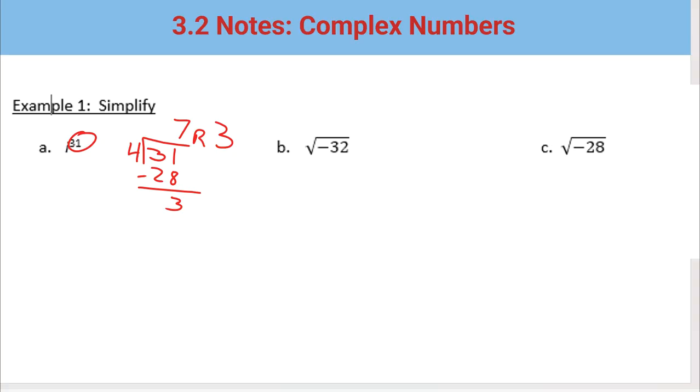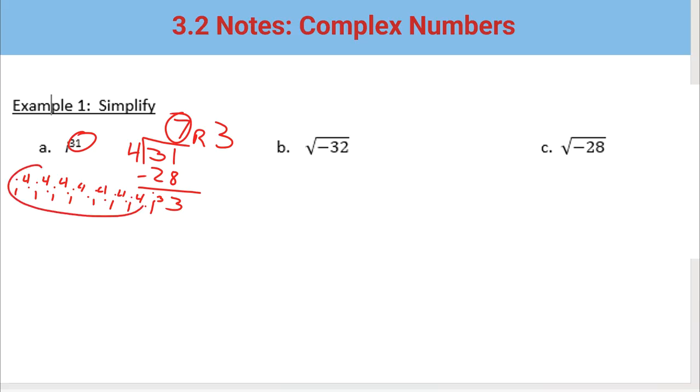That means I have 7 groupings of i to the 4th. One, 2, 3, 4, 5, 6, 7, and then I have an i to the 3rd.